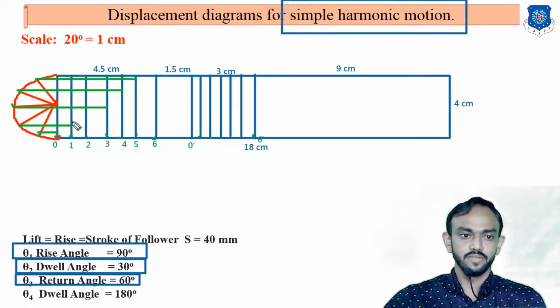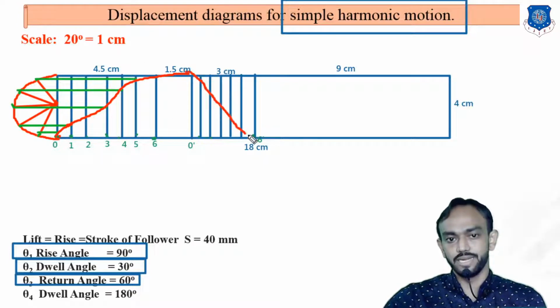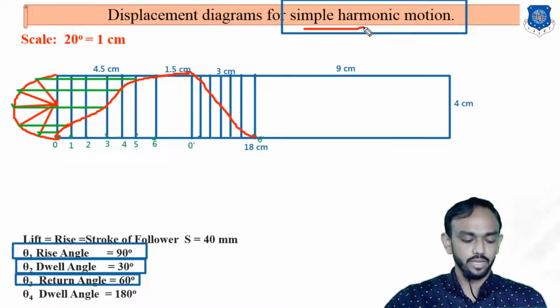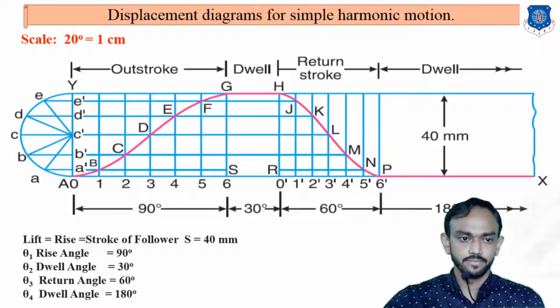These are the points which are important because we are going to make the curvature here, and the same point we will get from the parallel point with respect to this; there will be some point here. Okay, and that's how you will get this diagram, simple harmonic motion. Check here.